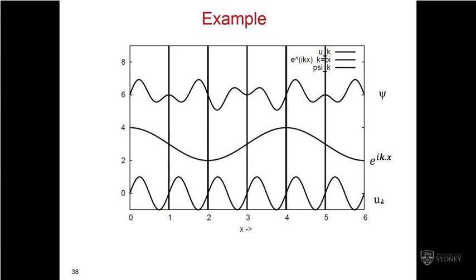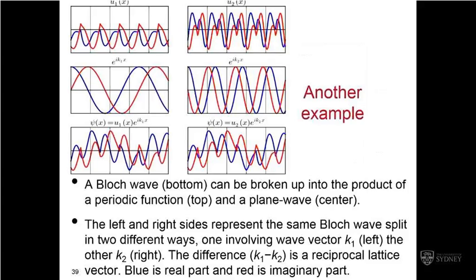And the final one to show you. This is just a couple more examples. You can see that these two are wave functions of electrons in solids, with a real and imaginary part shown in blue and red. You can see that these are identical. However, what they are made up of is different.